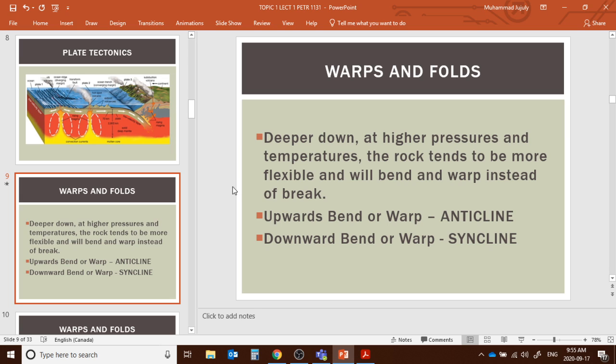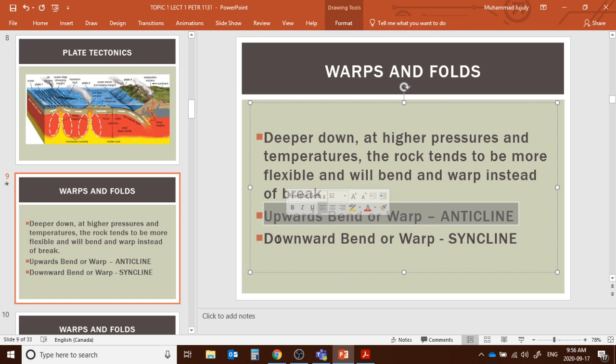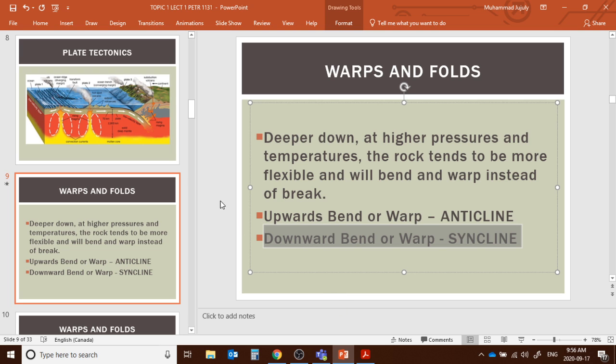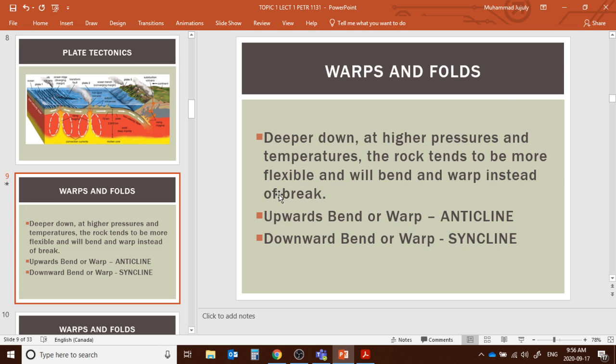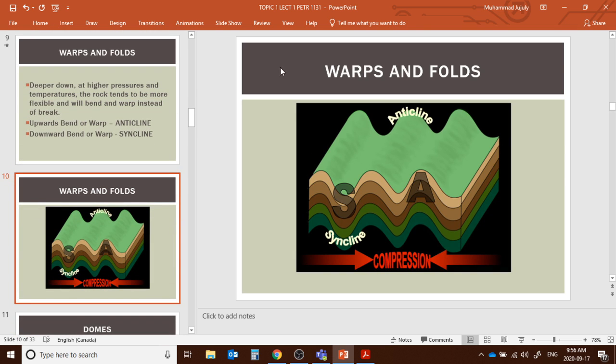Now, if the rock bends or warps upward, we call it an anticline, and the downward bend or warp we call a syncline. That means here is one anticline and another is a syncline. We'll see that on the next slide. So which one is the anticline? This top area. And which one is the syncline?